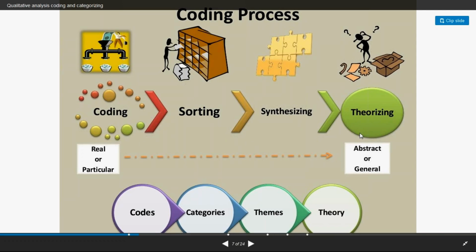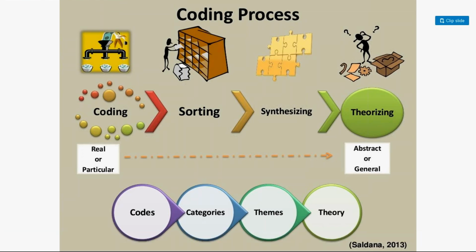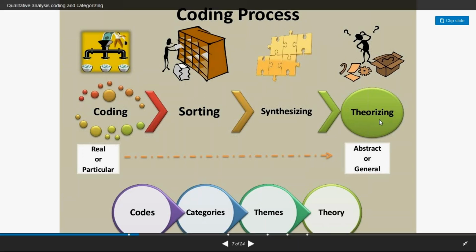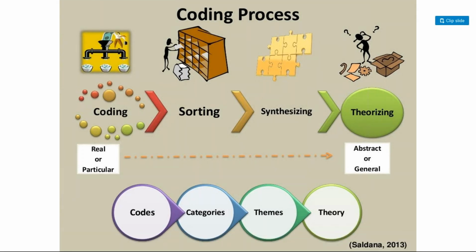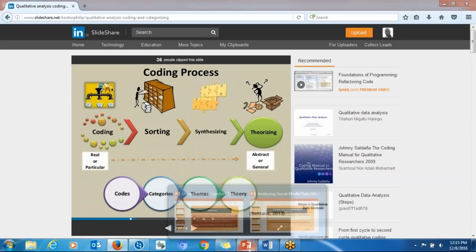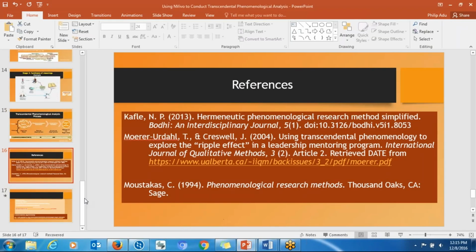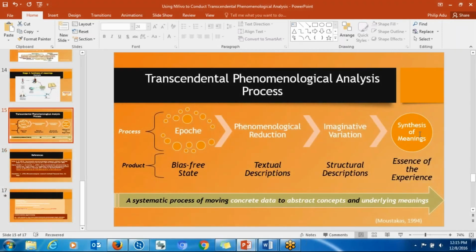So for the Transcendental, you will reach the same theoretical one. The theorizing is the last step that we talk about for the Transcendental, which is the synthesizing of themes, developing the essence, right? So you might arrive at the same thing, but in a different way.